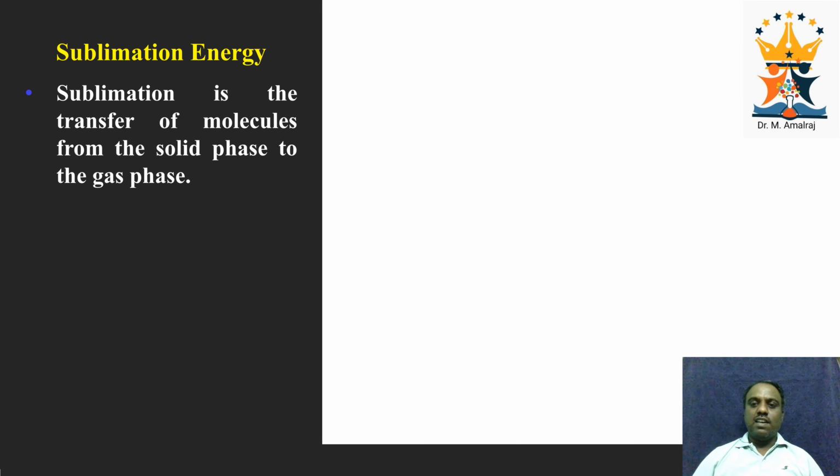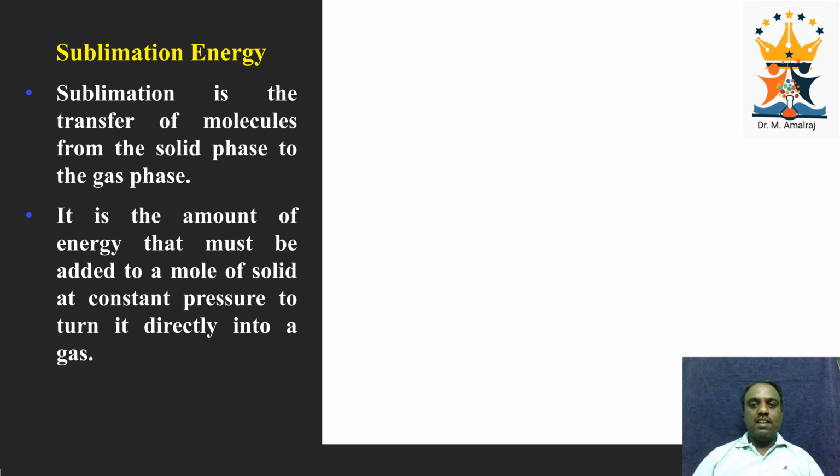Now let us discuss the 5 important processes that take place during the formation of an ionic compound. First, the sublimation energy. Sublimation is the conversion of a solid phase into a gas phase, and sublimation energy is defined as the energy required to convert 1 mole of a solid substance into a gaseous species. Since energy is supplied, it is an endothermic reaction.